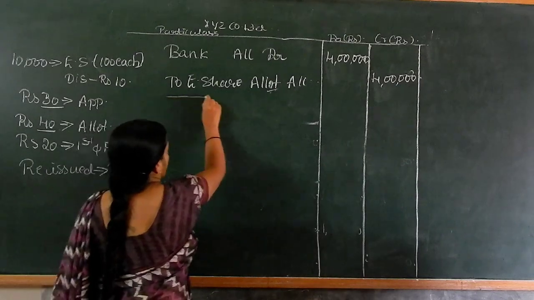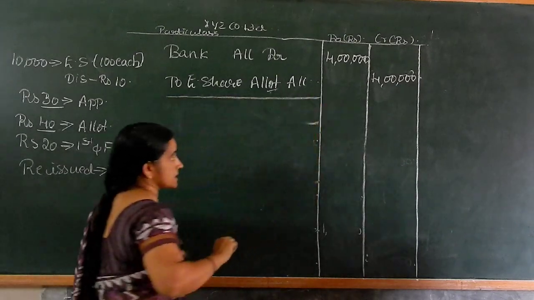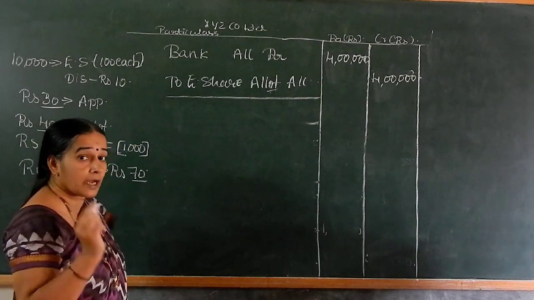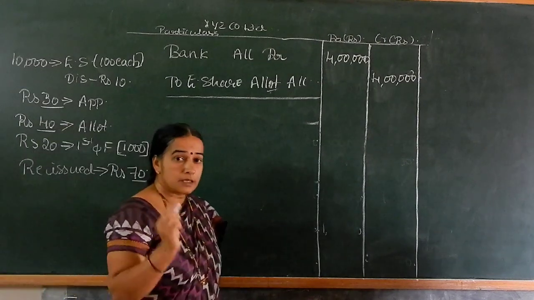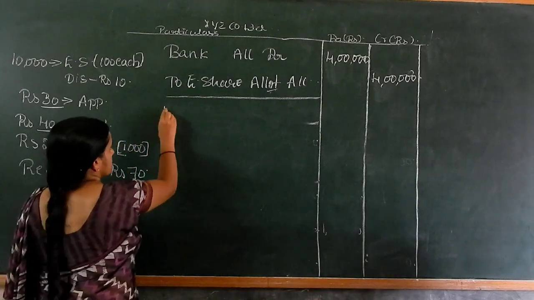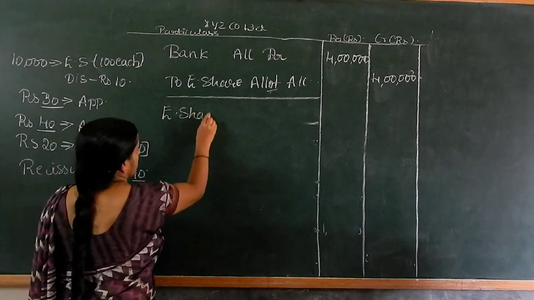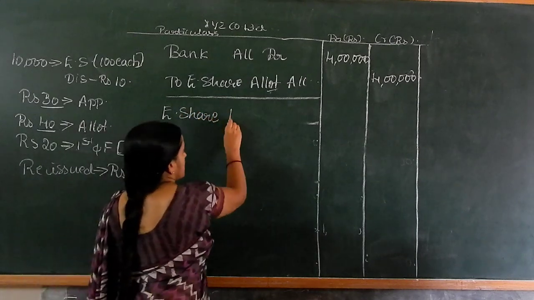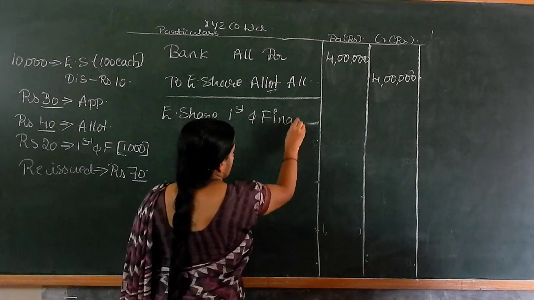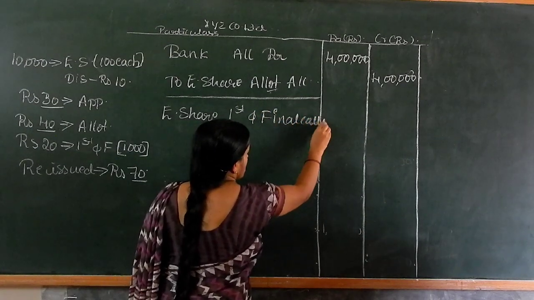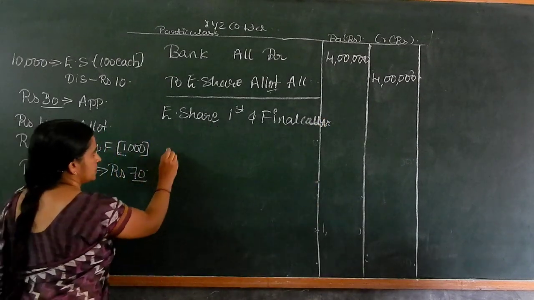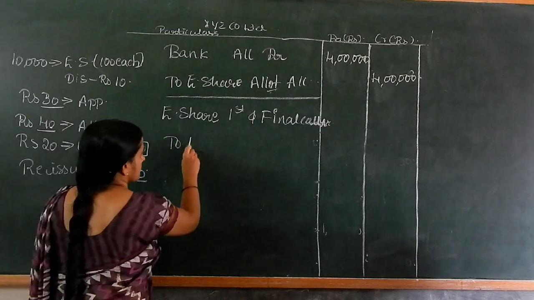So when the first and final call letter is sent to the shareholders, one more entry has to be passed in the book of the company, that is equity share first and final call account debtor to equity share capital account.